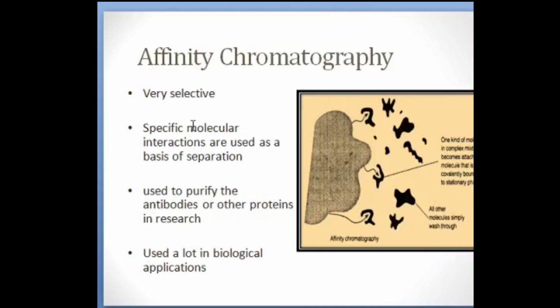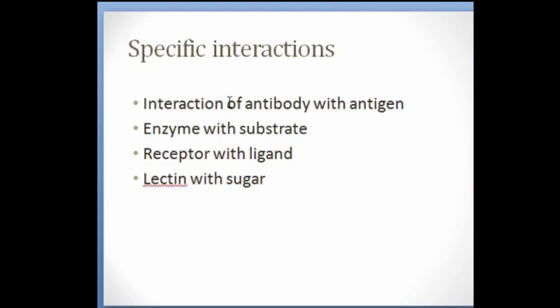Now coming to affinity chromatography. Affinity chromatography is one of the techniques that is very selective, and the principle is based on specific molecular interactions. The various specific interactions are the interaction of antibody with antigen, of enzyme with substrate, of a receptor with a ligand, and of lectins with sugar.